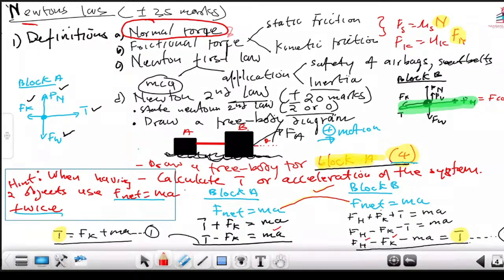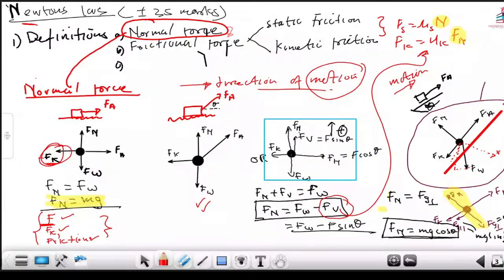Hello, sir. I'm just asking what do FV and FH mean? Okay, I did explain FV, it's the vertical component of the force. Let me go back to this particular one.